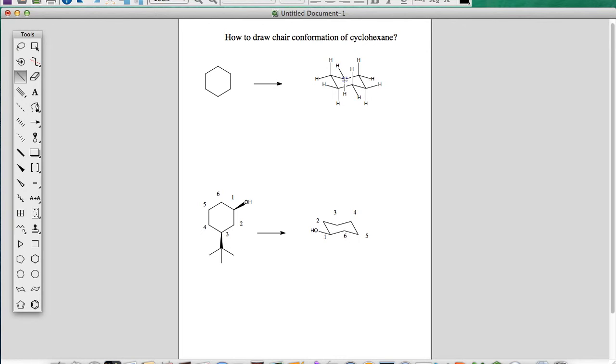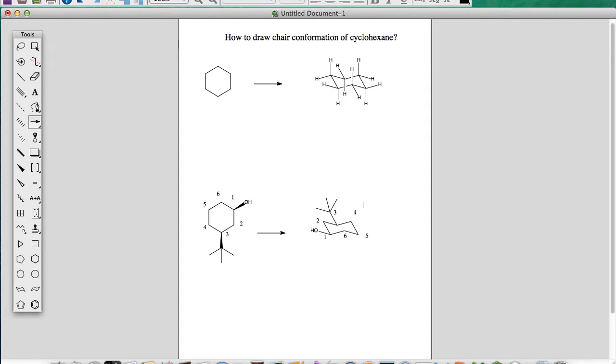One is up, one is down. The t-butyl group is pointing up, wedge. So we have to put the t-butyl group up. And we actually have a hydrogen pointing down, the axial position, we can ignore it.